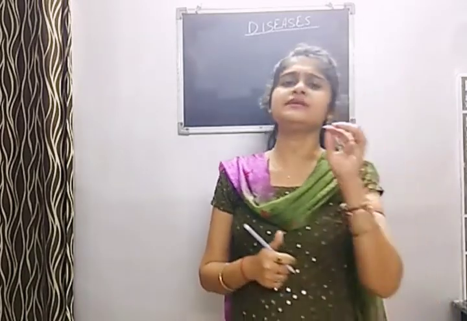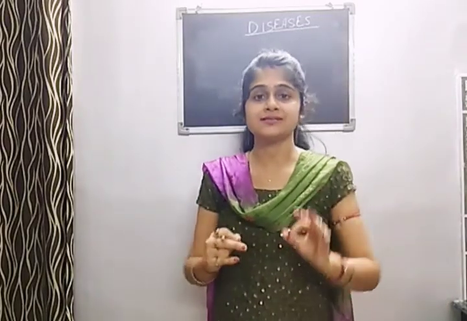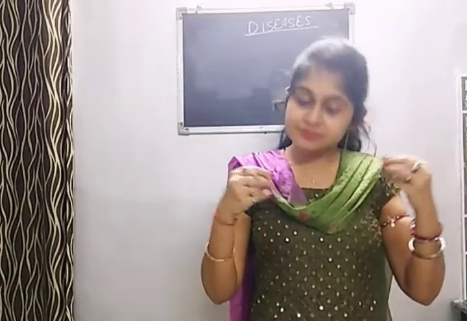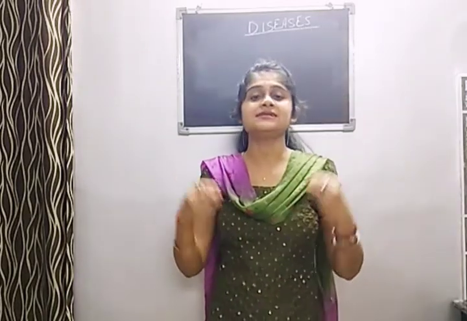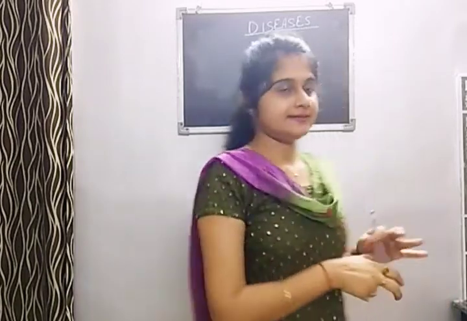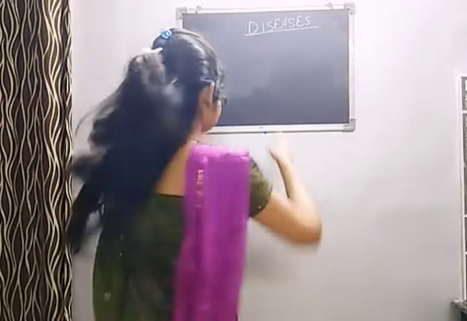These unhealthy habits include eating a lot of junk food and lack of physical exercise. That is also very important. Nowadays we don't pay attention to physical activities, and that is part of lifestyle. Because of this we get different types of diseases.